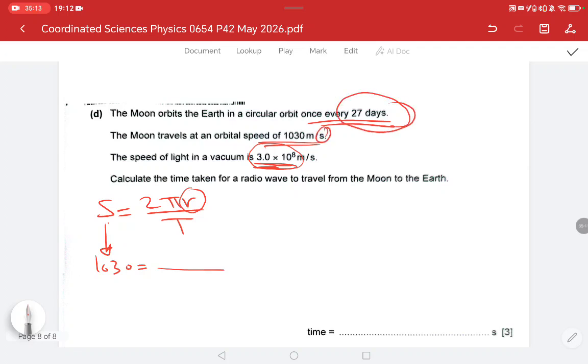So this one you can't leave as 27 days. So 2 pi, and we need to find this r, and t is 27. And take care, 27 days times 24 to make it in hours, then times 60 to make it in minutes, and another 60 to make it in seconds.